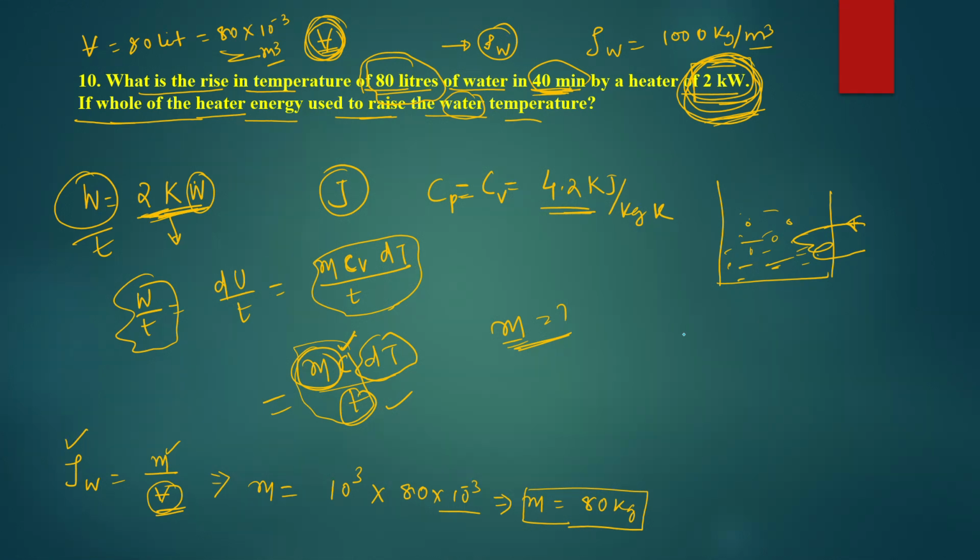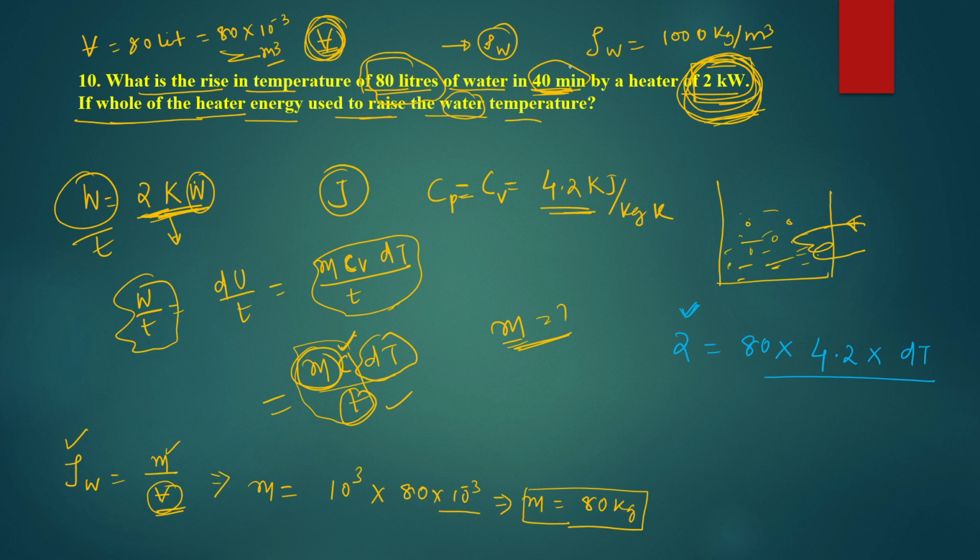Now I can write, this is 2 kilowatt, obviously, and that will be equal to mass, that is 80 kg, and C, that is 4.2 kilojoule per kg Kelvin, times dt divided by time.